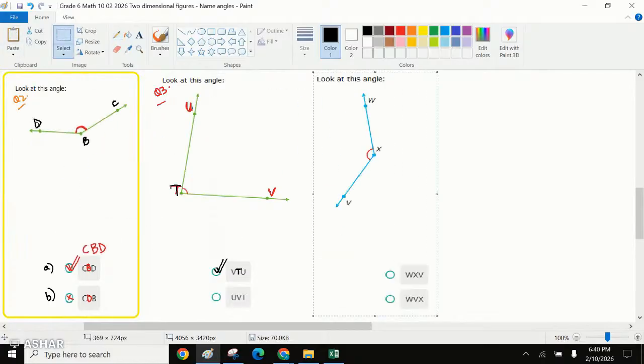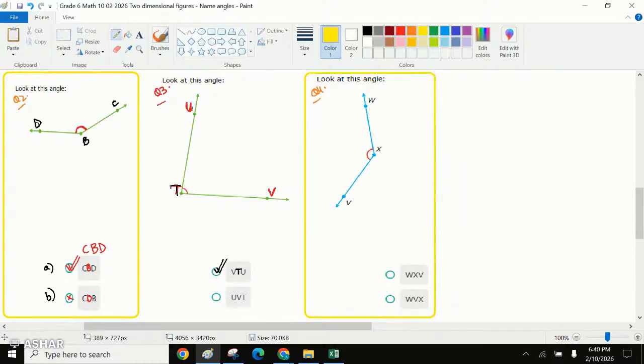Question number 4. Question number 4 says, these are the two given options for us. What is the common point or the point of intersection? What should be the answer for question number 4?